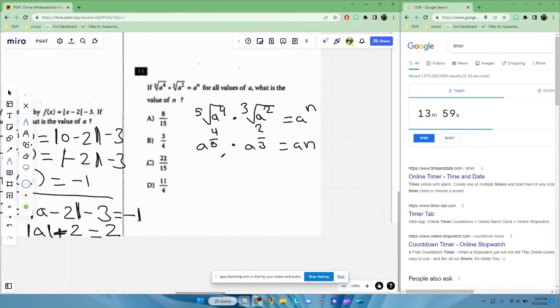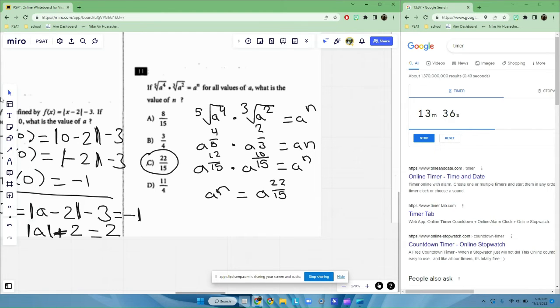Some of you guys are going to multiply the powers. Make sure you don't do that. Find the LCM. a to the 12 over 15 times a to the 10 over 15 is equal to a to the n. So a to the n is equal to a to the 22 over 15. So n is equal to 22 over 15. So answer is C.